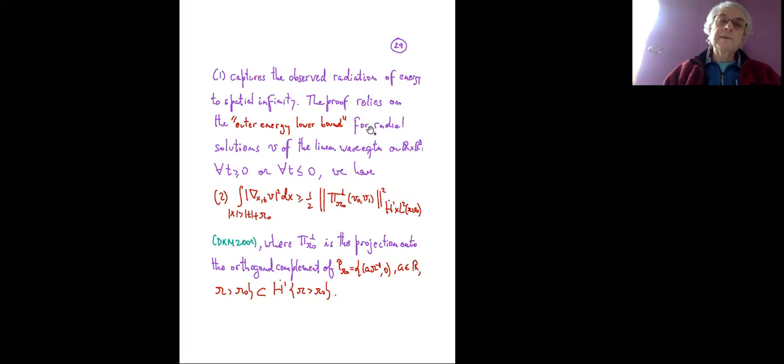So the proof of 1 relies on something we call the outer energy lower bound for radial solutions of the linear wave equation. This is a very elementary result in its proof. It says that for all t positive or all t negative, for whatever R0 bigger than or equal to 0 you choose, you can bound the integral of the gradient of v squared dx uniformly for all t positive or for all t negative by basically the energy of the initial data.